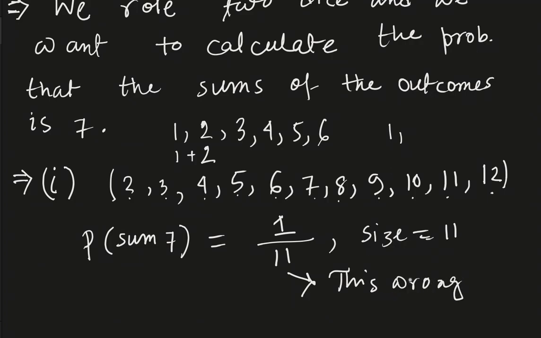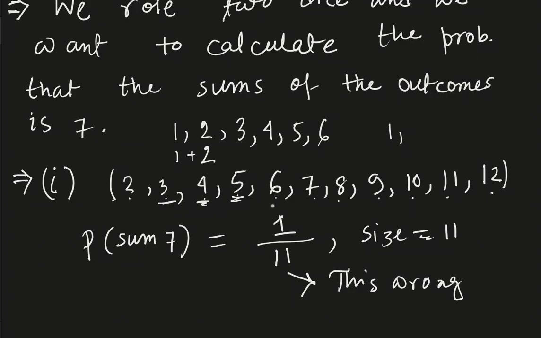However we calculated it using the classical definition, we missed one point: in the classical definition we have to use those outcomes which are equally likely, but we did not consider that these outcomes are not equally likely.